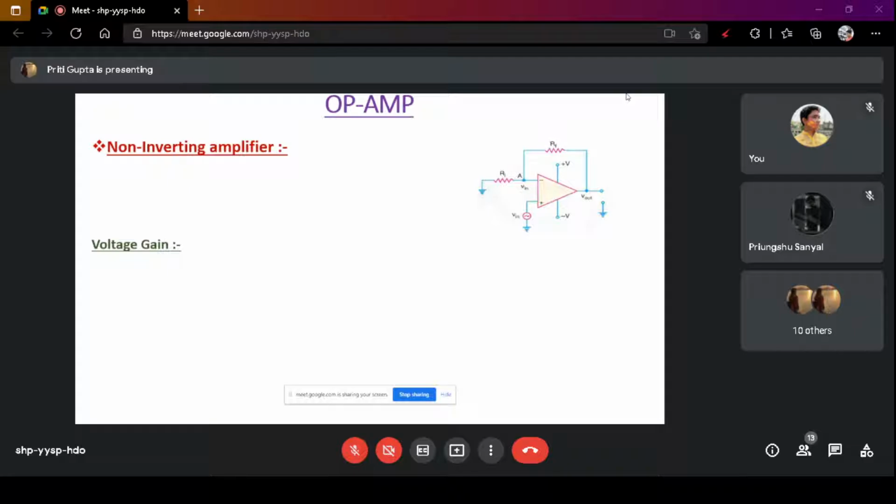Op-amp will be there definitely, application of op-amp, and the first three will be there.